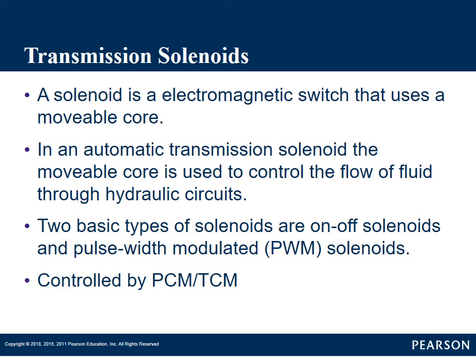All these solenoids are controlled by the PCM or TCM. Remember from our acronyms, PCM is powertrain control module, TCM is transmission control module. Some vehicles use a separate module for the transmission. Many vehicles incorporate that into the powertrain control module.